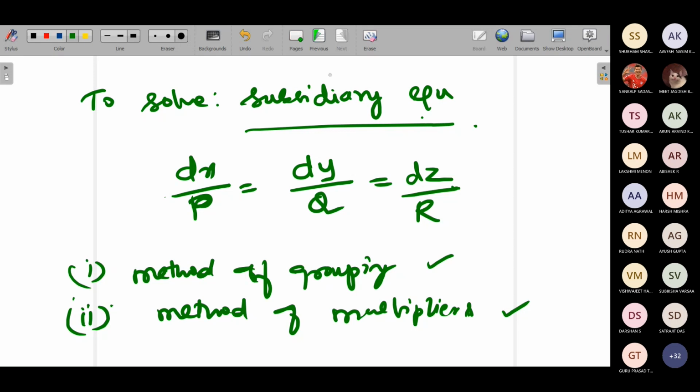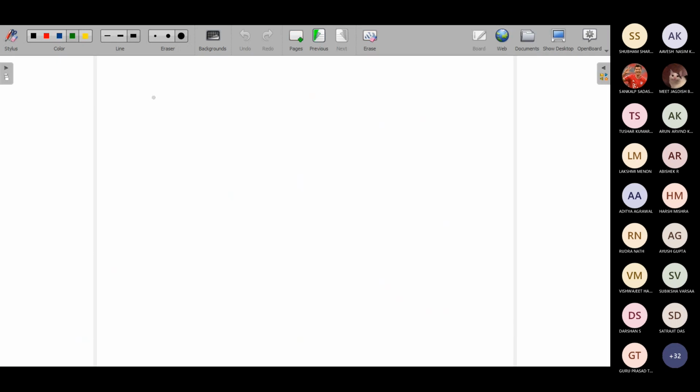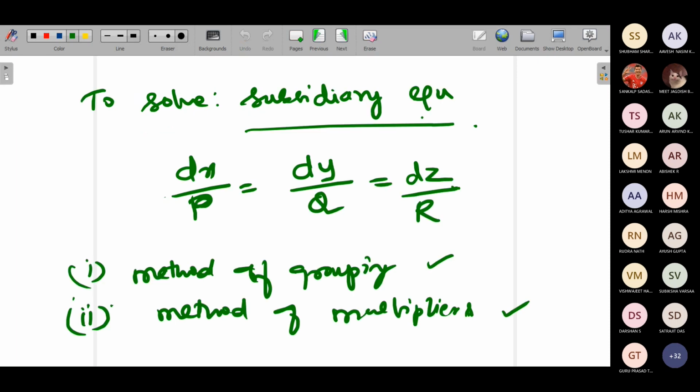We are going to take the solution of this subsidiary equation in the form u of x, y equal to c1 and v of x, y equal to c2. So we are going to have 2 equations, and these are the solution of the subsidiary equation.